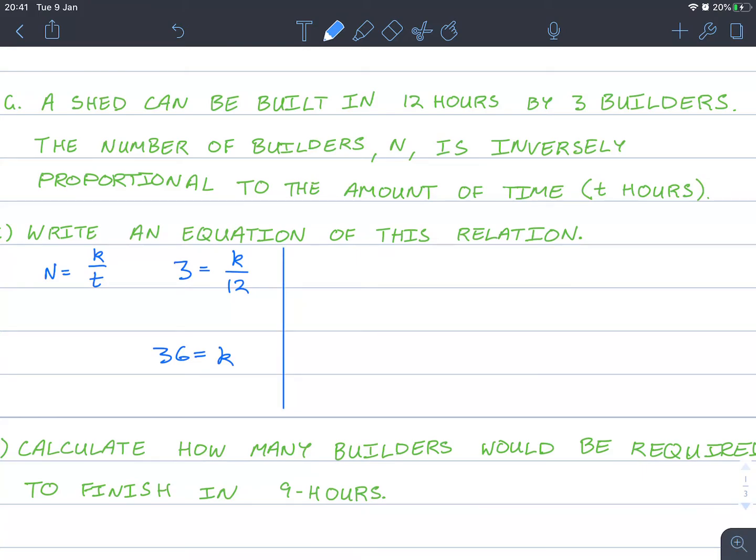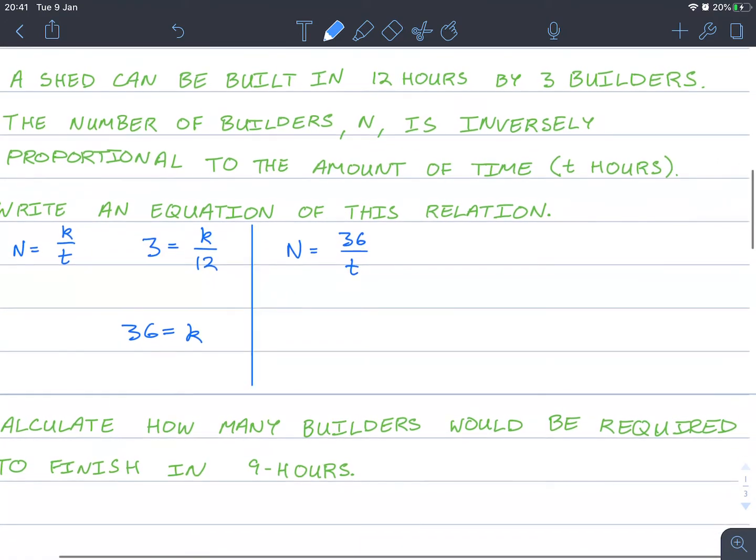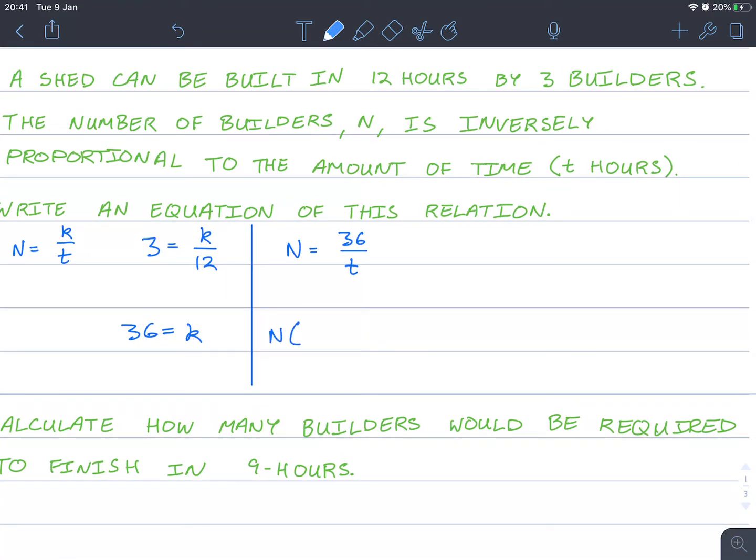So, substituting k back into our original equation, the final equation is n is equal to 36 over t. Or as a function, n of t is equal to 36 over t.